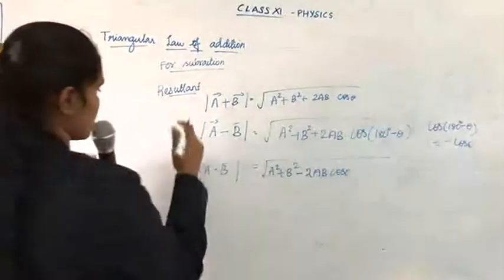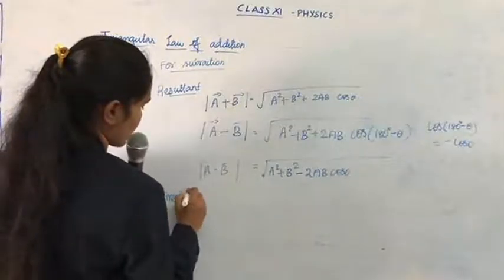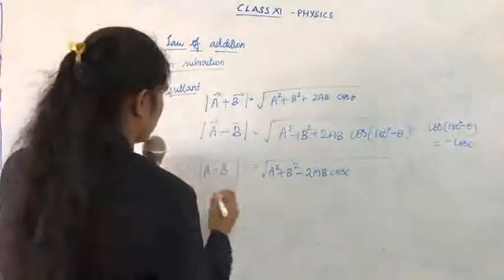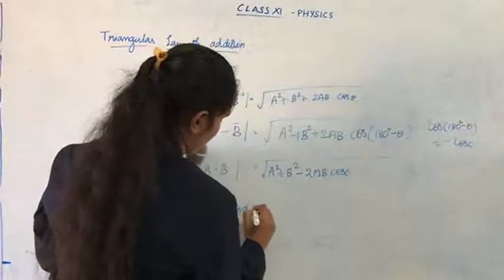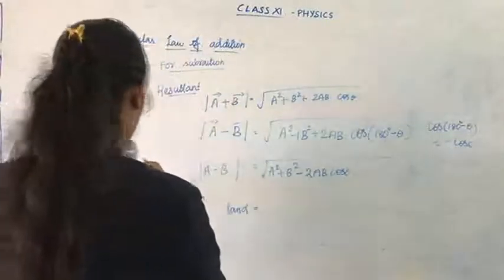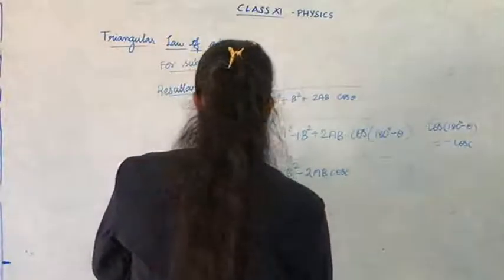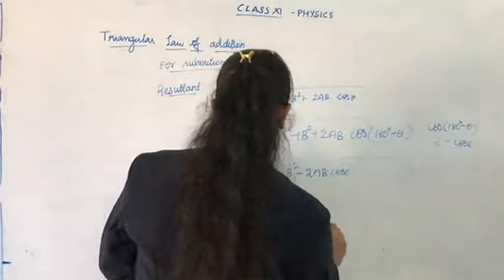Now for finding the direction, write the same formula. Tan alpha equals B sin theta by A plus B cos theta.